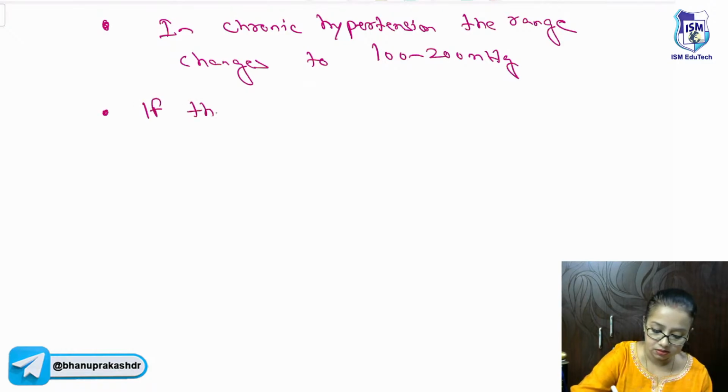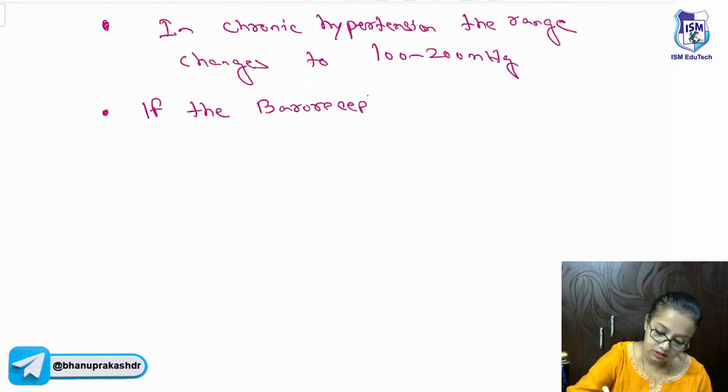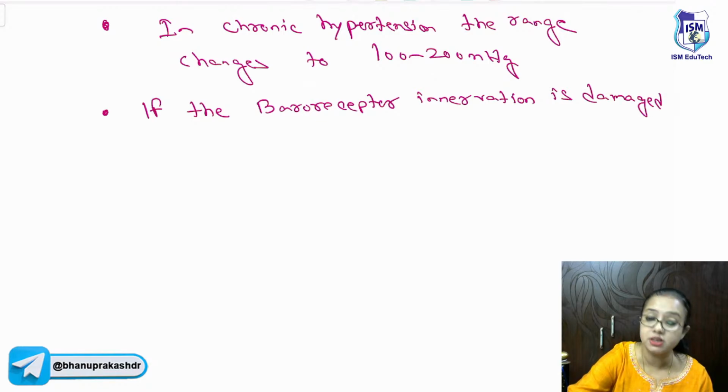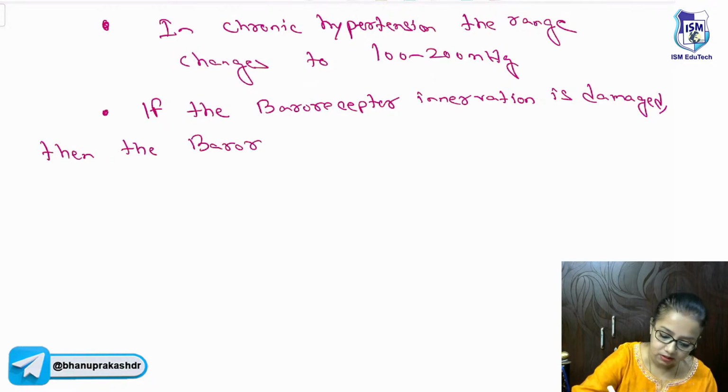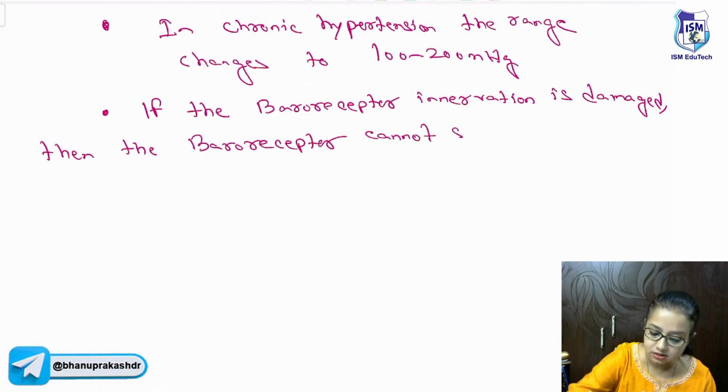If the baroreceptor innervation is damaged, okay, if there is any damage to the baroreceptor or its innervation, then the baroreceptor cannot sense the hypertension.